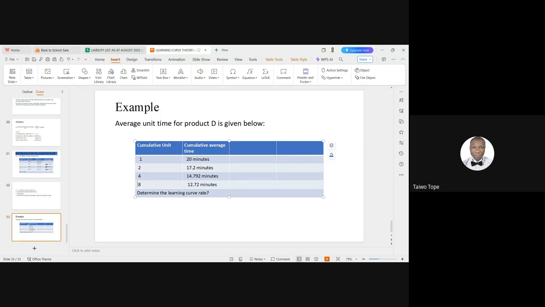What is the average time for it? It is 12.72.